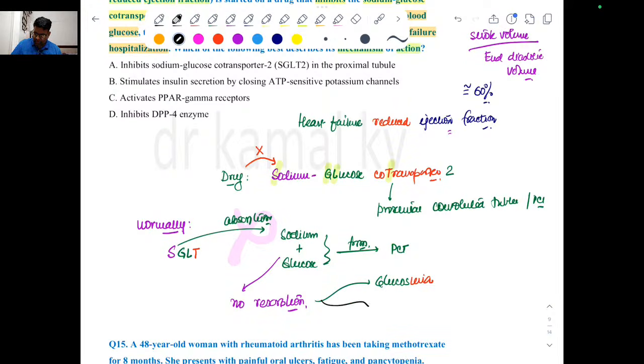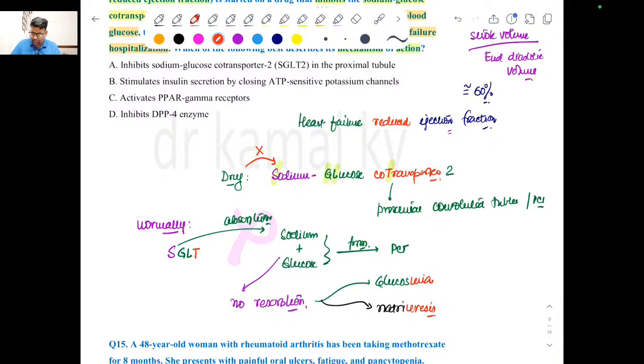Then there will be loss of sodium in the urine, that is known as natriuresis. So, glucose will be lost in the urine and sodium will also be lost in the urine. So, the two terms: glucosuria and natriuresis.